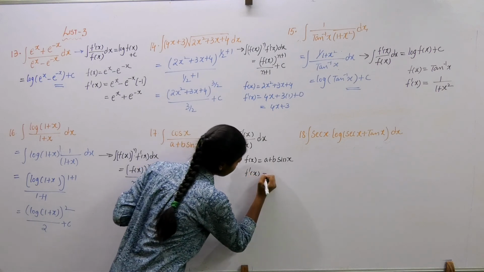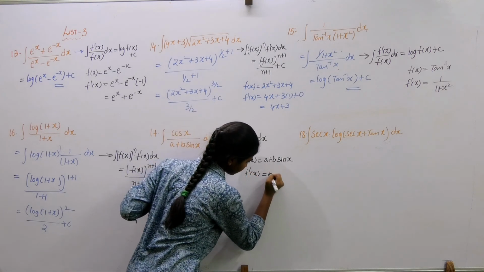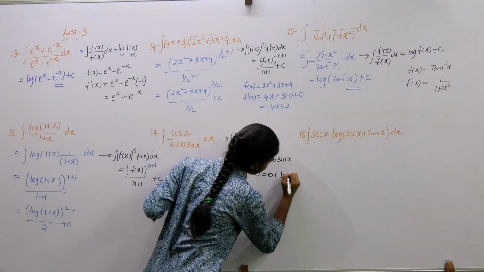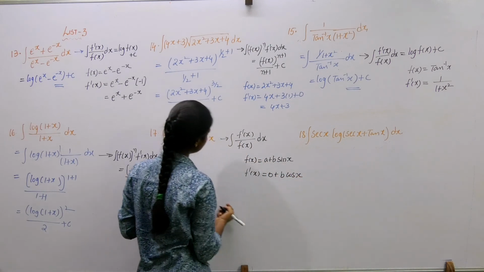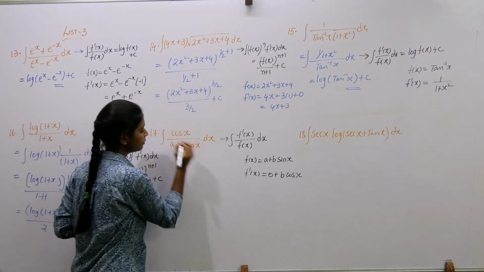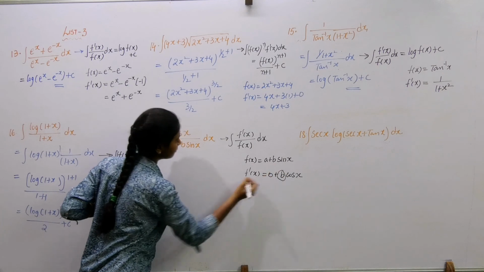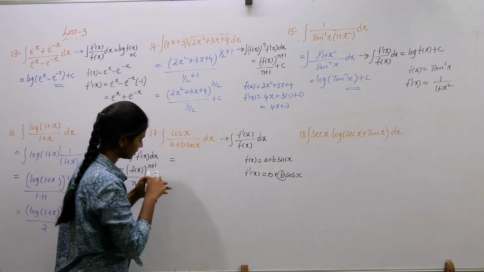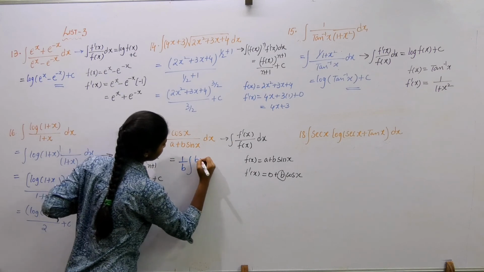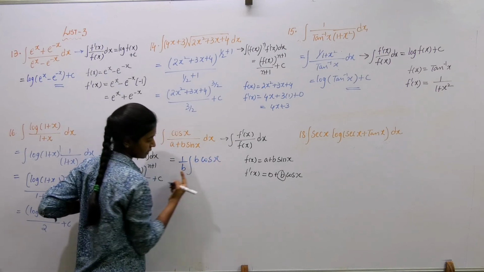Differentiating this, we get d by dx of constant 0, d by dx of b into sin x, b into cos x. But in the numerator, in the f dash of x, we don't have this b. So we adjust the value b out of integration. We write like this.